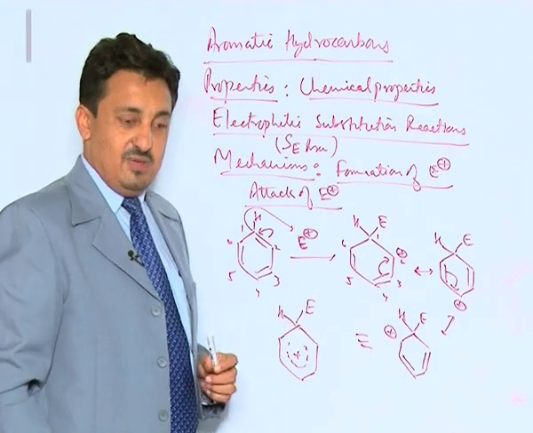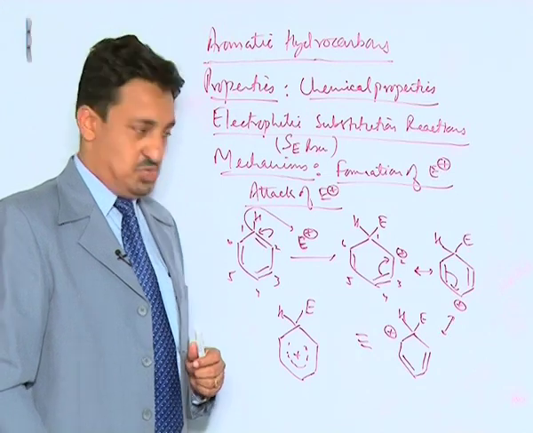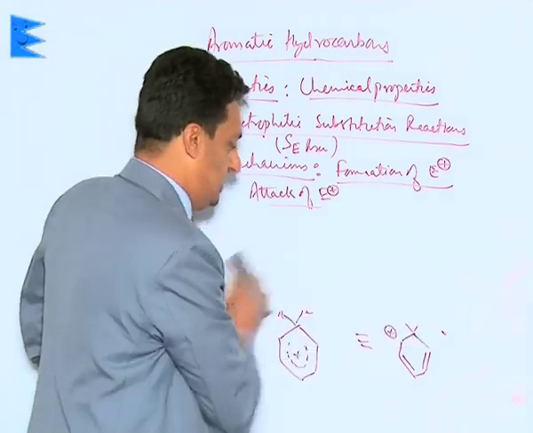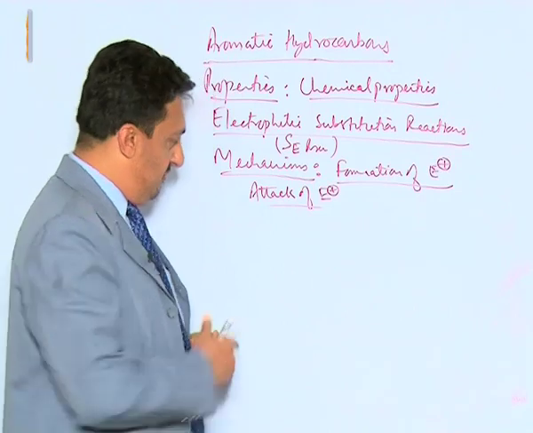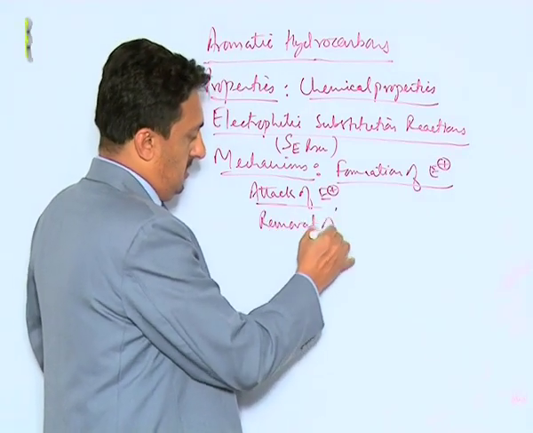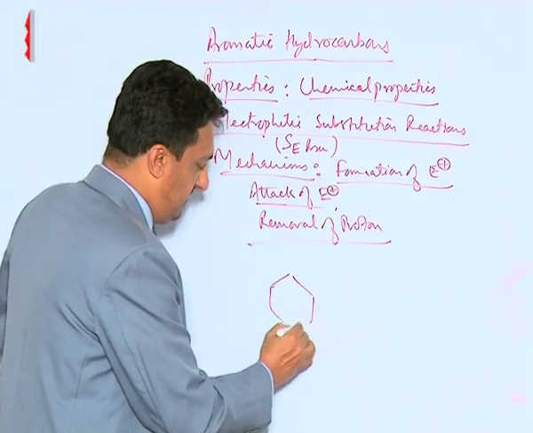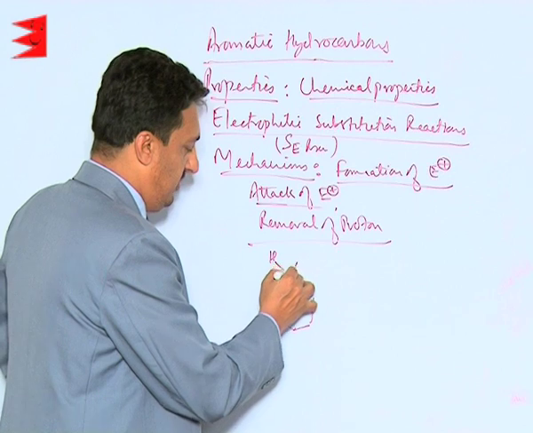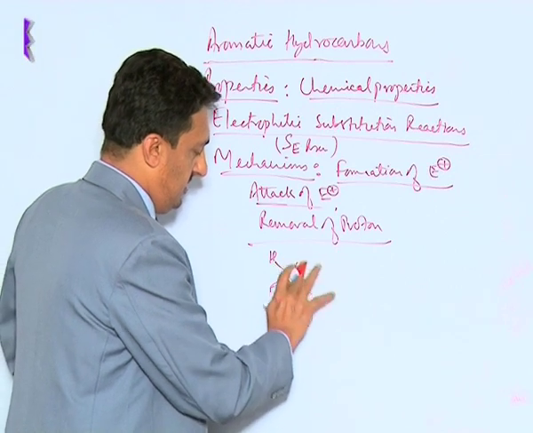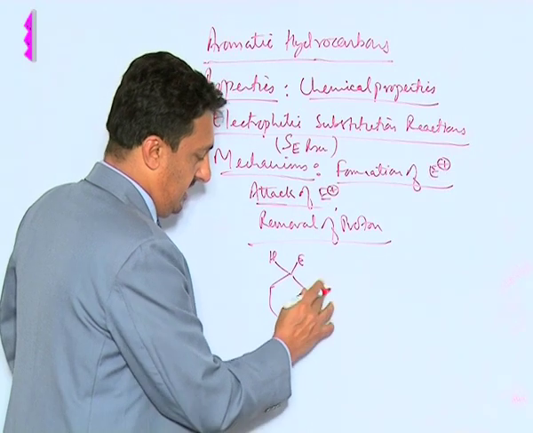The next step is the removal of the proton, or H plus. If you see the structure very carefully, the electrophile is attached here, and there is a positive charge at carbon number 2.